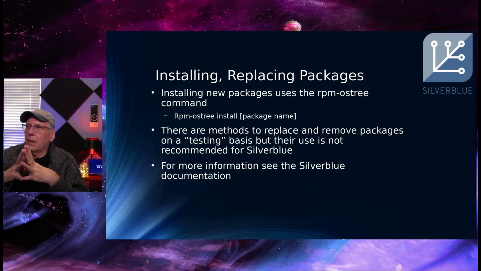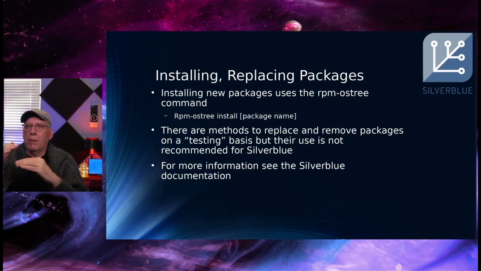What about installing new packages? If I want to install a new package, I just use the rpm-ostree command. That command is install, and then I put in the package name. That package name is exactly the same as the DNF package name. There are methods to replace and remove packages. So, for example, I get notification that there's a new library or a new package version out that I'm currently running, but I don't want to risk taking out my system by applying that package.